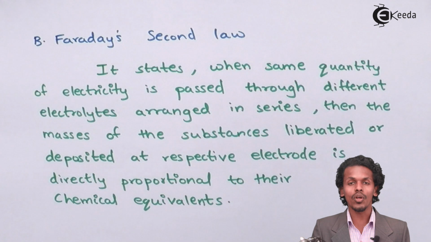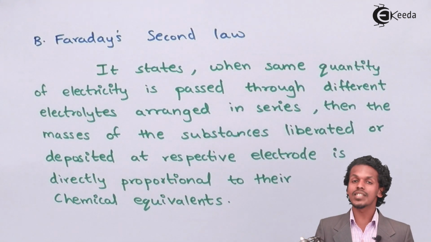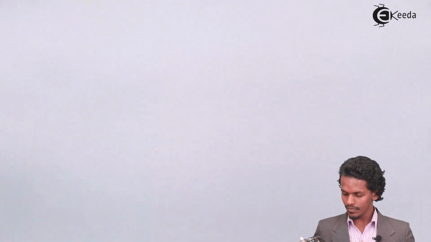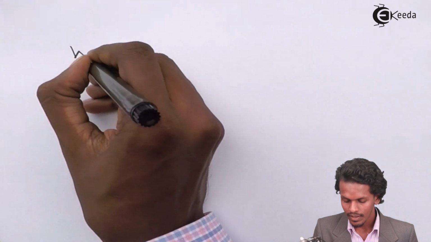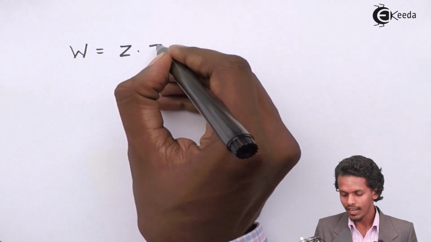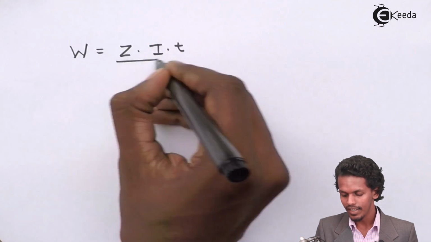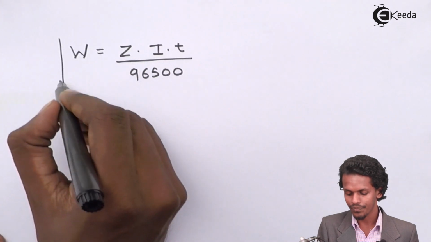Based on these two laws, they have formulated an equation which states that W is equal to Z I T divided by 96500 coulomb.